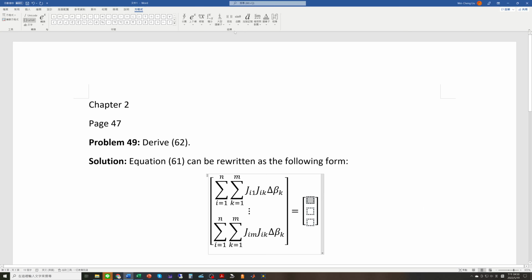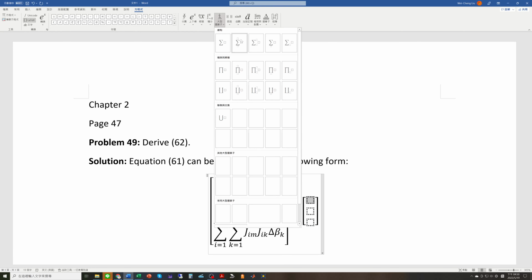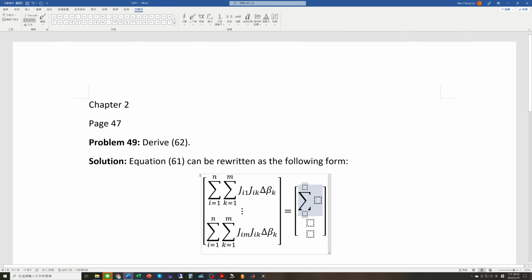So the first term should be summation, i should be italic, is equal to 1 to n. Okay, n should be italic.